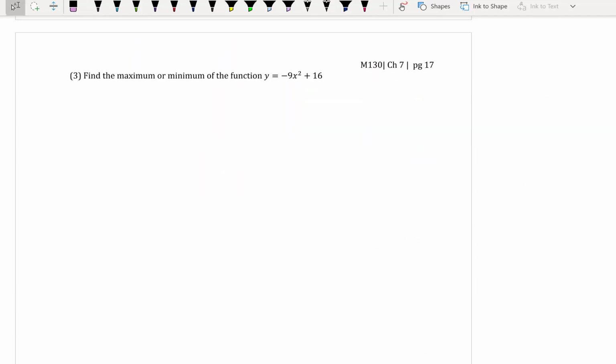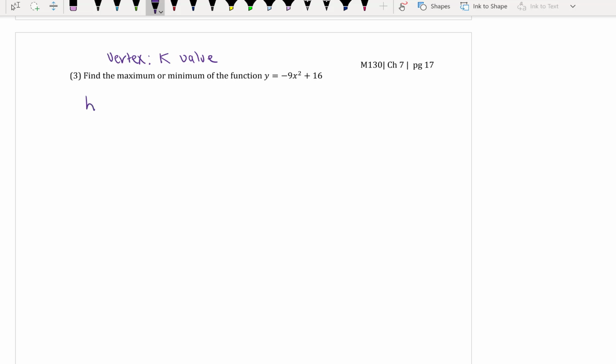And it says to find the maximum or minimum of the function. So if I'm asking for the maximum or minimum of the function, then it's asking me for the vertex, and in particular it wants the k value of the vertex. So first, in order to get the k value, I need to find the h value.